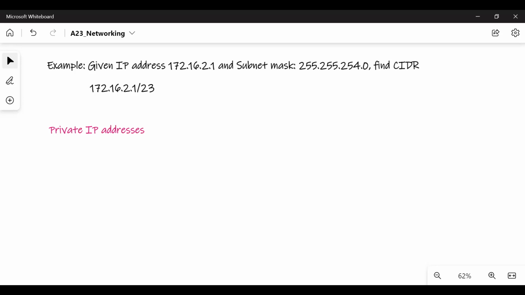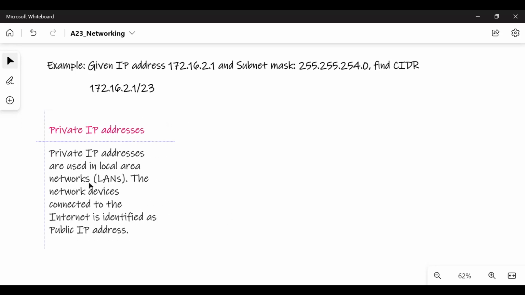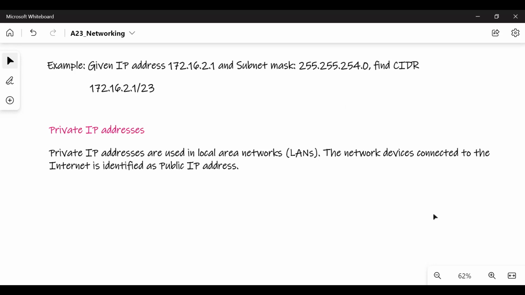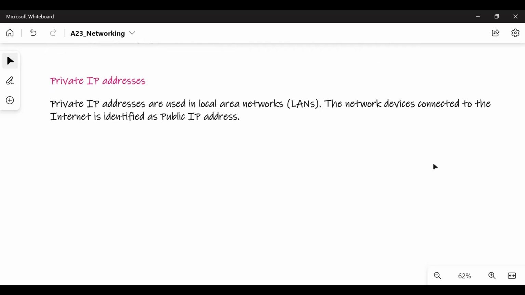The point here is that these IP addresses are used when we create local area networks. What do we mean by local area networks? Like at homes, when you connect to the router, this is the set of IP addresses usually we will get.